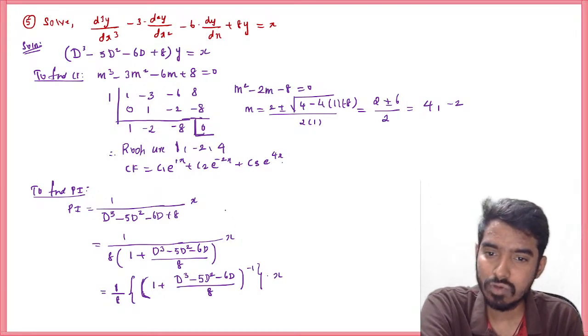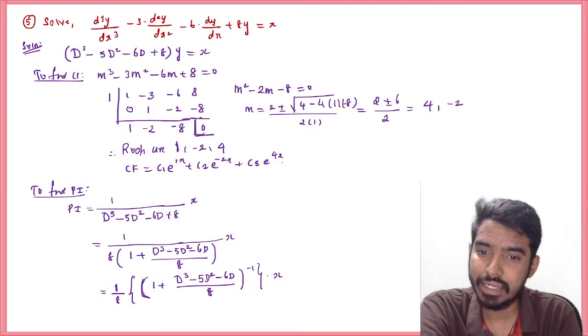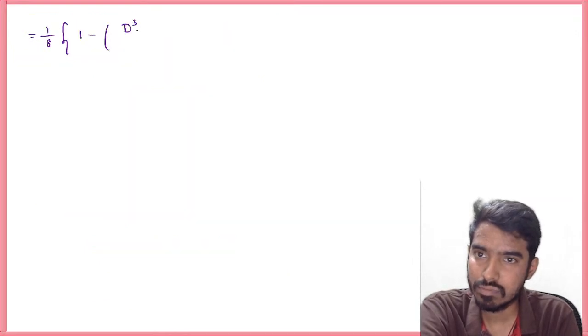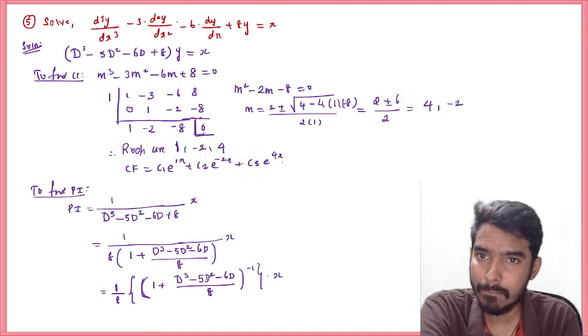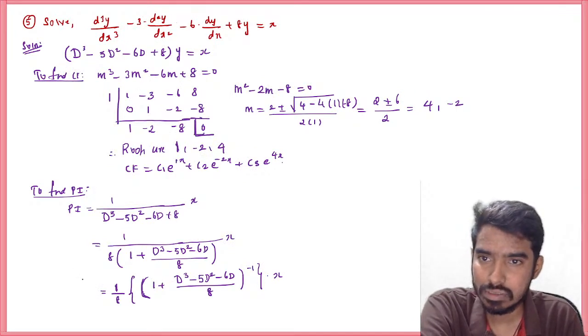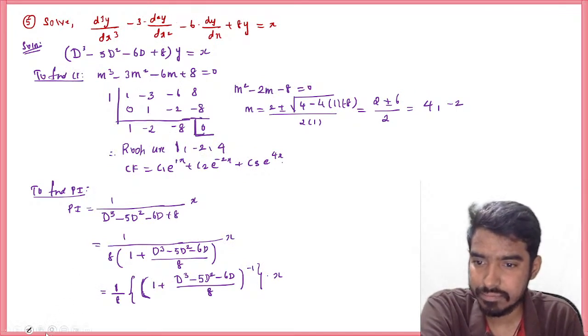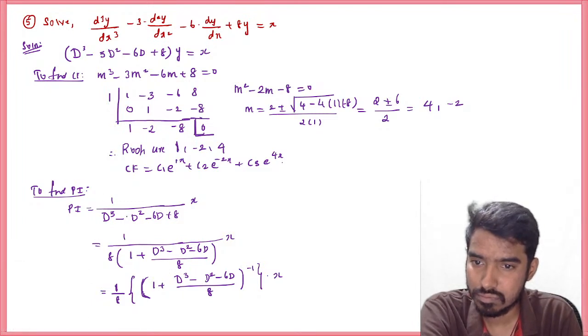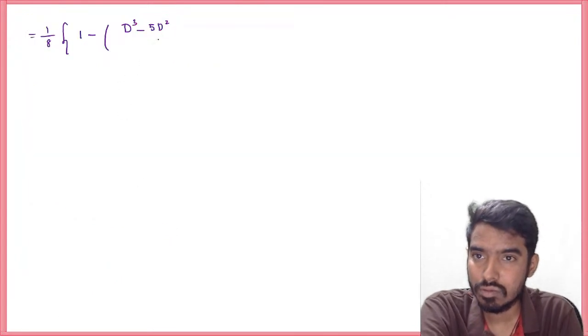So 1 plus x whole power minus 1 will be 1 minus x, D cube minus 5D square is 3D square.